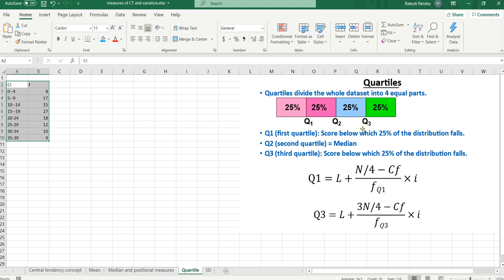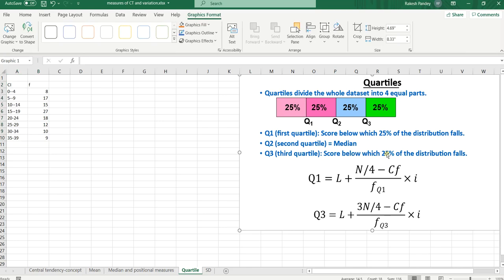And Q3 is the third quartile, and we can see that there are 25% cases above this and 75% cases below it. So I have made a typographical error here. You just read it as 75% since it is taken from the slide. I am not able to edit it. Okay.